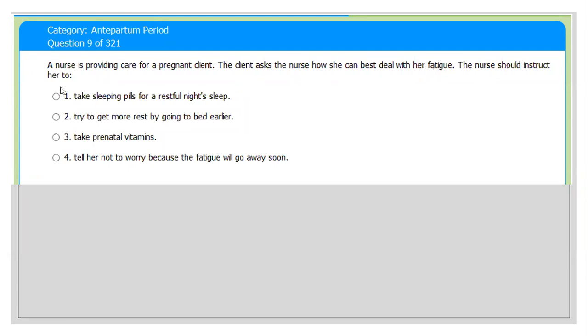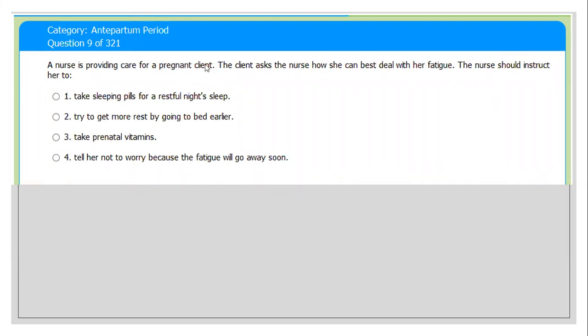The nurse should instruct her to: number one, take a sleeping pill for a restful night's sleep. Number two, try to get more rest by going to bed early. Number three, take the prenatal vitamin. Number four, tell her not to worry because the fatigue will go away soon.